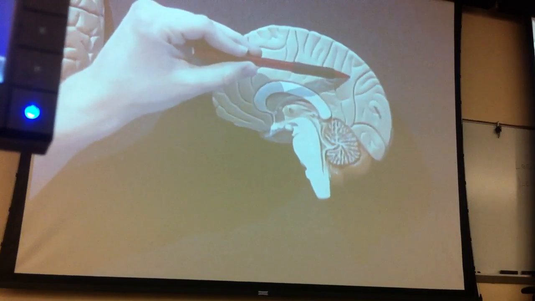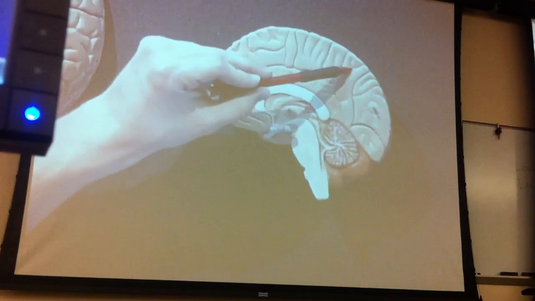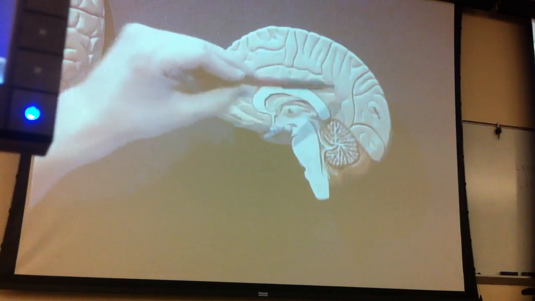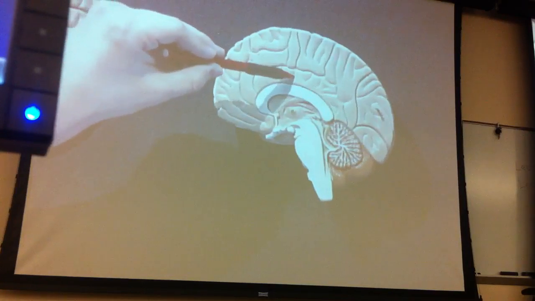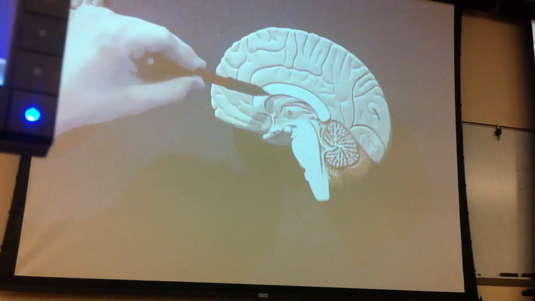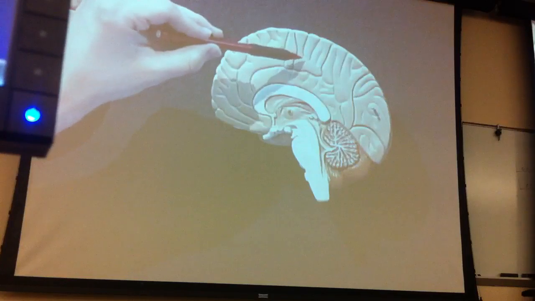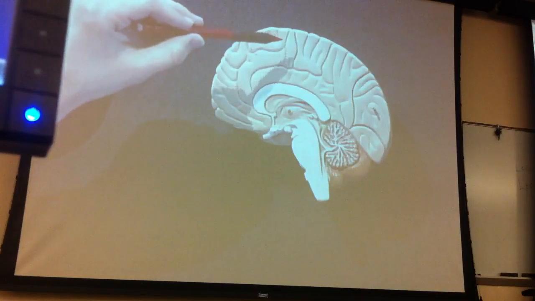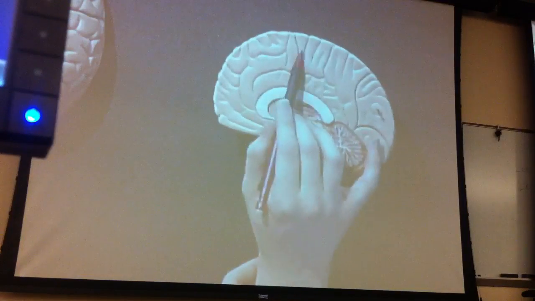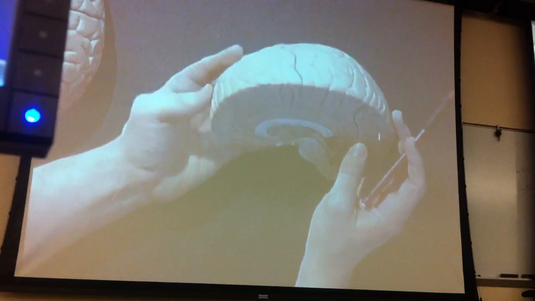This one? Precuneus. Yeah, exactly. Parieto-occipital sulcus, and then what do we call this? Precuneus. And then this right here? Cingulate. Cingulate gyrus, and then this right here? There you go, paracentral lobule. And then that is it with the cerebrum.